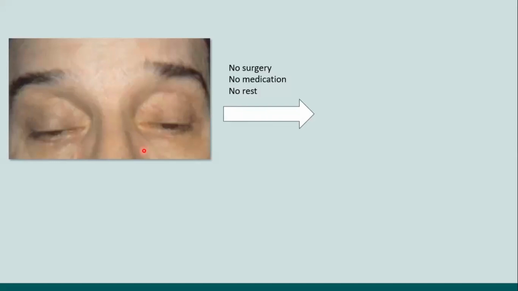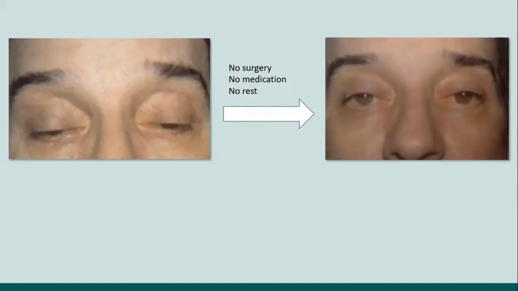This patient has severe ptosis. Without surgery, without medication, and without rest, he became like this. Actually, the doctor inserted something in his eyes, and now the ptosis is much relieved.